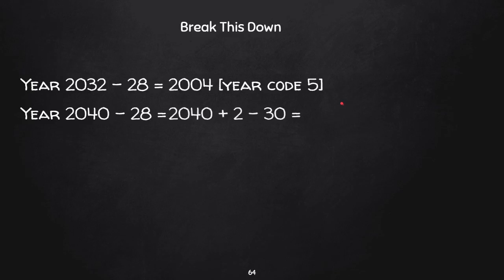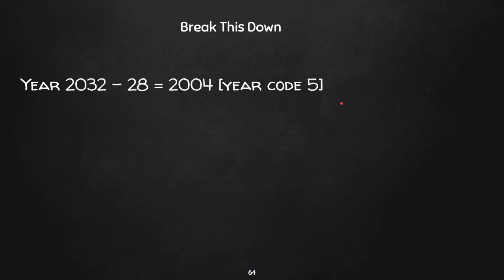Similarly, what is the year code of 2040? Simple, subtract 28 from 2040 and you will get 2012. However, some people might have trouble subtracting 28 from the given number.